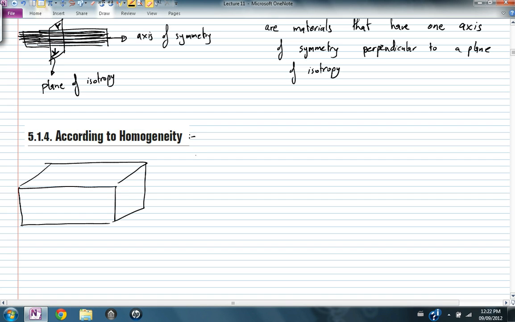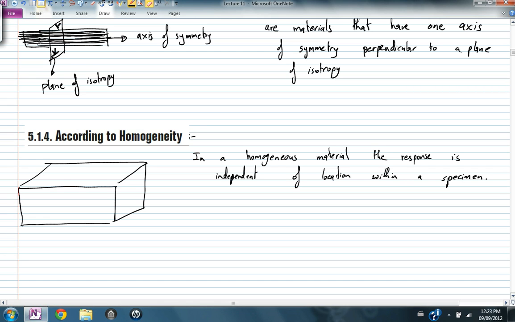So in a homogeneous material, the response is independent of the location within a specimen.